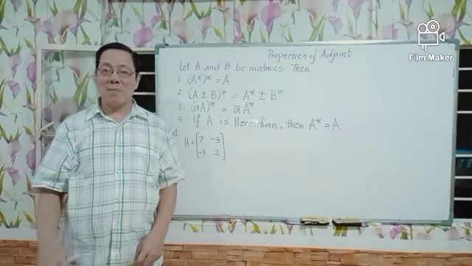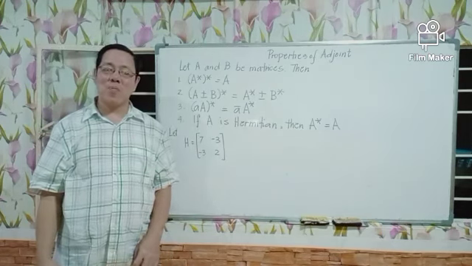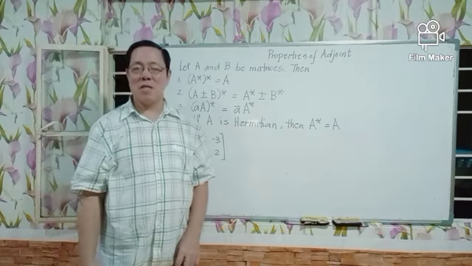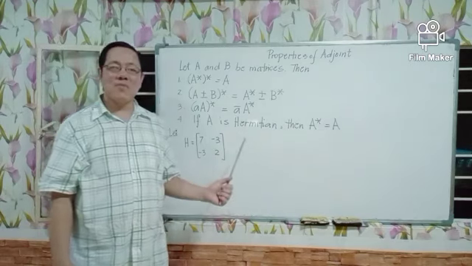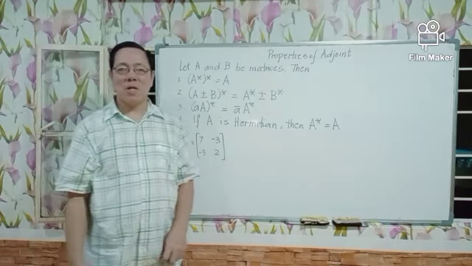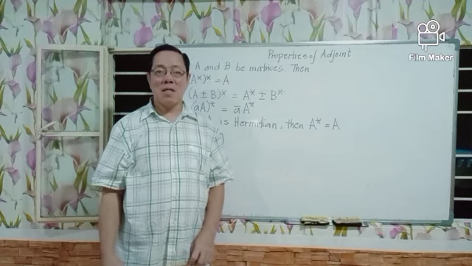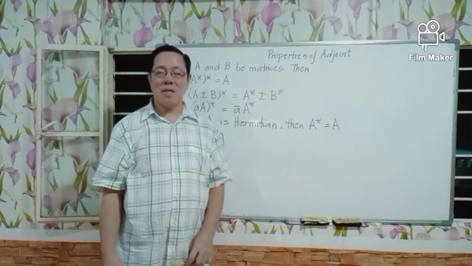If A is a symmetric matrix, the transpose of A is equal to A. But this fourth property of adjoint says that if A is a Hermitian matrix, then the adjoint of A is A.